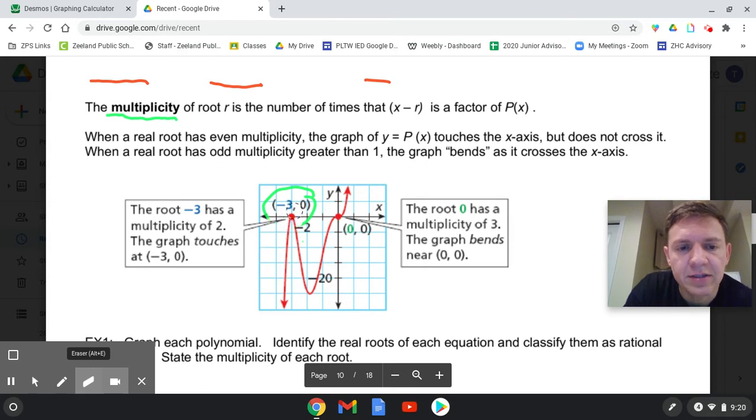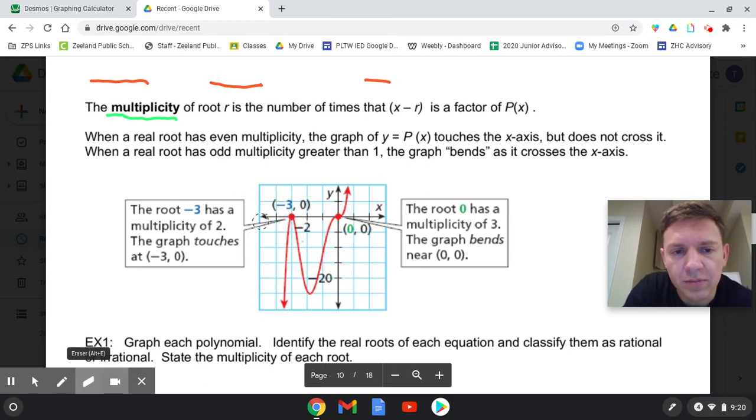That's considered an even multiplicity, in general a multiplicity of 2. There are actually 2 roots there. In this case, negative 3 is a root twice for whatever equation is making this graph. It could also be 4 or 6 or 8, just an even number. There could be 8 roots to this polynomial, all at negative 3. It has to be an even number if it bounces off like that.